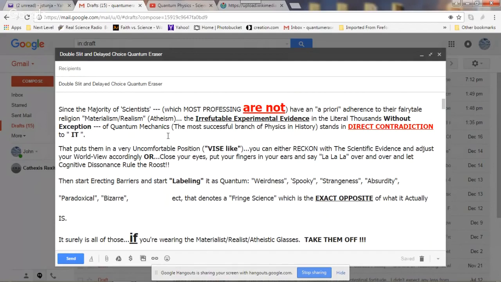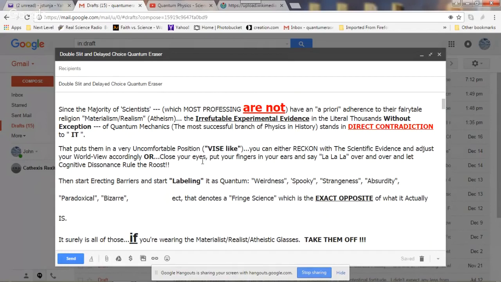That puts them in a very uncomfortable, vice-like position, because you can either reckon with the scientific evidence, and there's boatloads of it, and adjust your worldview accordingly, or you close your eyes, put your fingers in your ears, and say, shut up and calculate, la la la, over and over, and let the cognitive dissonance rule the roost.